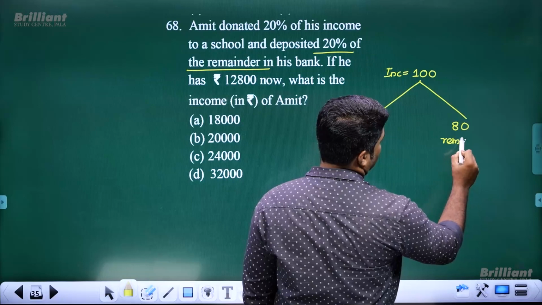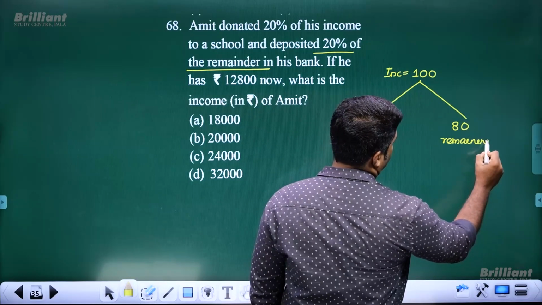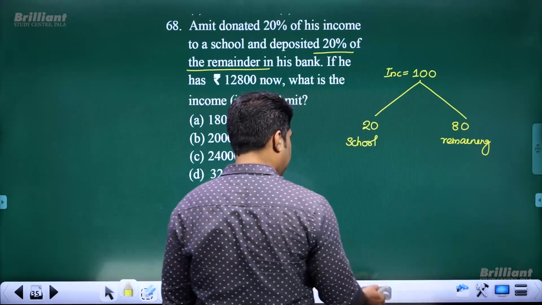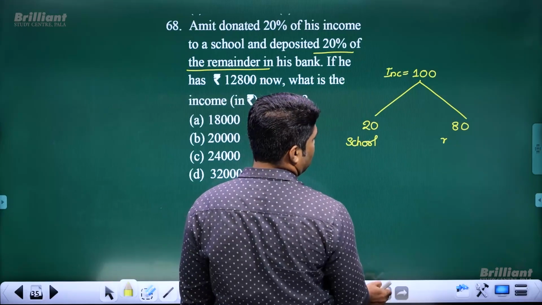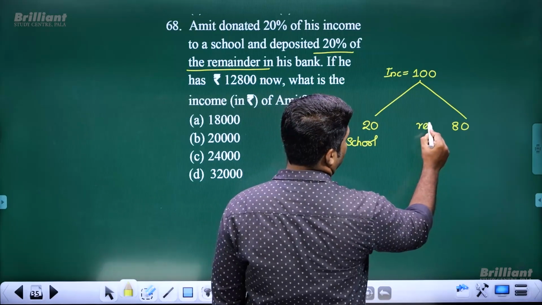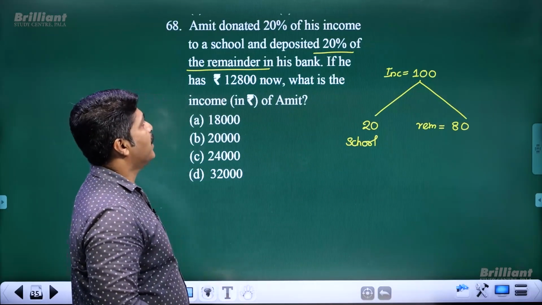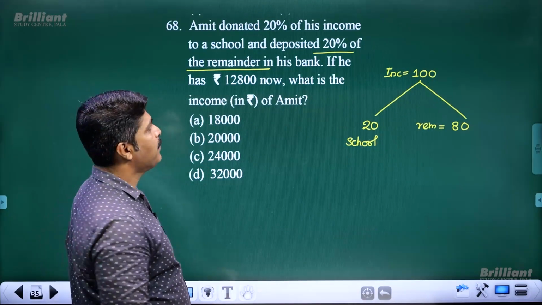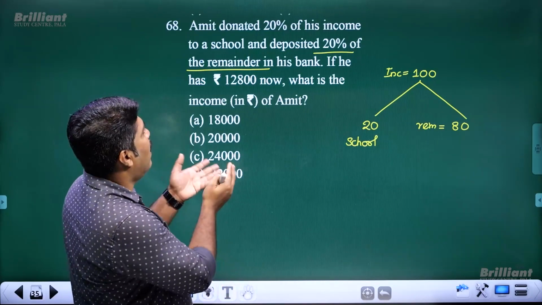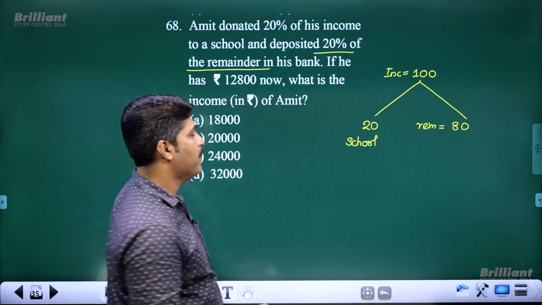This remaining value, 80, is what he then spent or deposited 20% of in his bank.